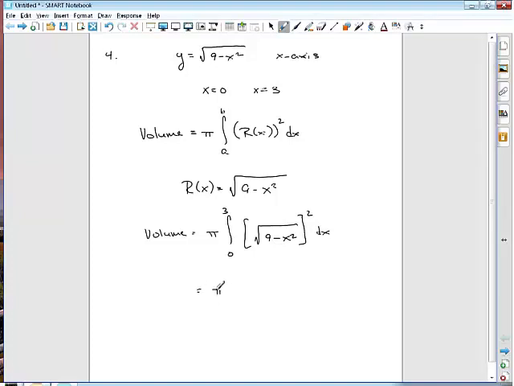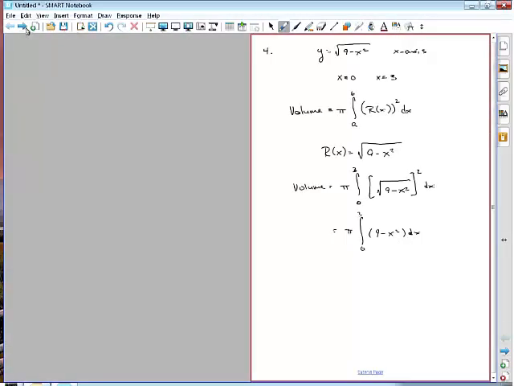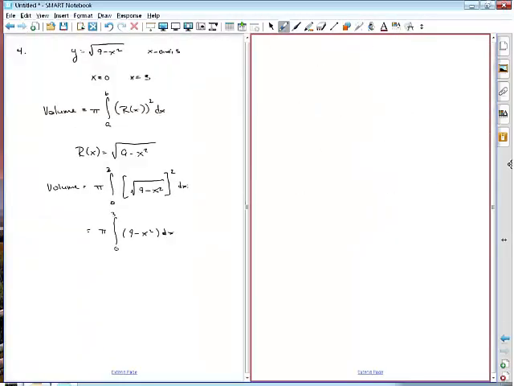So we multiply out. So we get 9 minus x squared dx, because the square of a square root is just the quantity. So this is a simple polynomial integration.